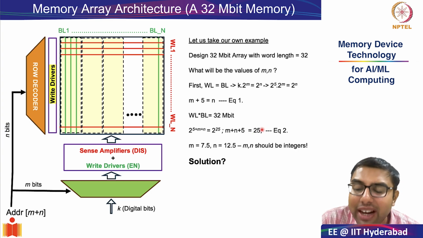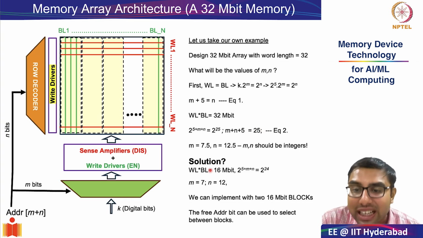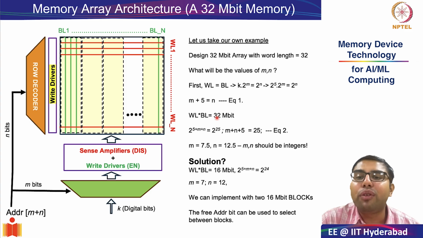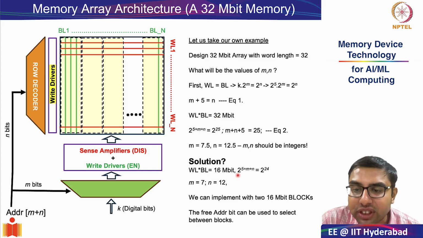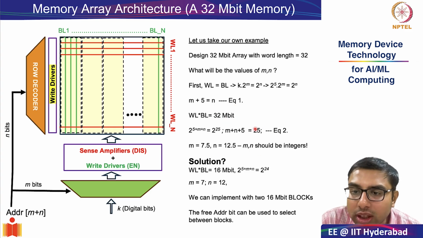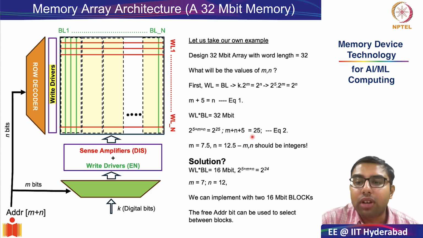If we would have made it an even number by considering word line into bit line as 16 megabit, just half of 32, we would have seen that equation 2 gets modified as 5 plus m plus n is 24, because now we have just taken half the value of 32 megabit. So this value, which was odd, 25, now becomes even.